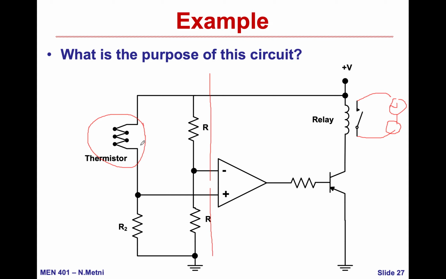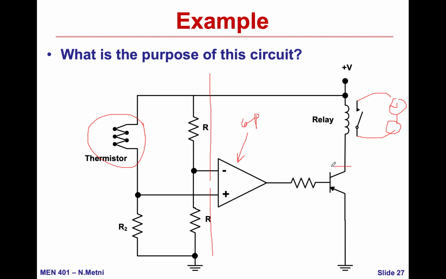The second part is an operational amplifier, but without any feedback. So by looking at it, I can say that this is used as a comparator because there is no output feedback to the input. So this output here is either plus V or zero.